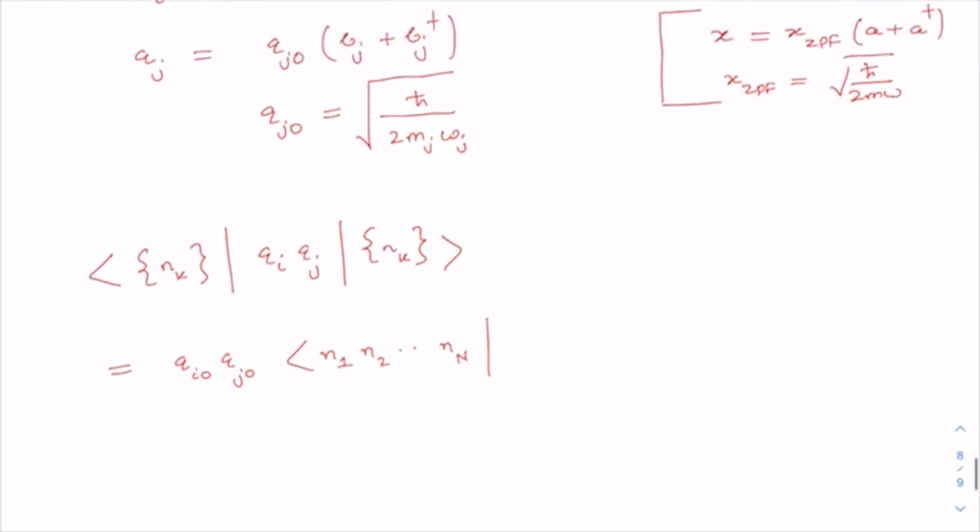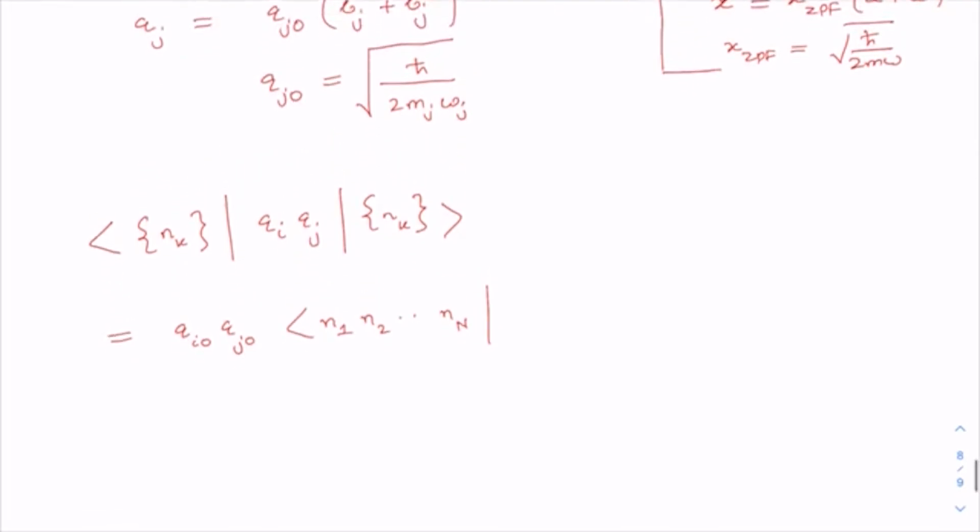If I break q_i q_j up, I will get four terms: b_i dagger b_j plus b_i b_j dagger plus b_i dagger b_j dagger plus b_i b_j, and then on the other side you will have the ket n1 n2 up to capital N number of oscillators.